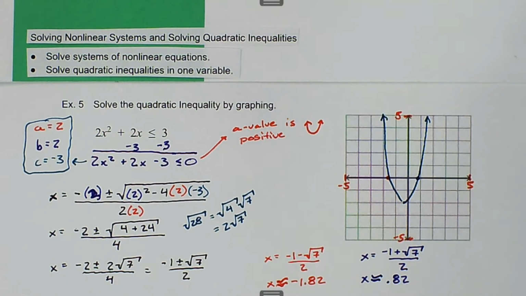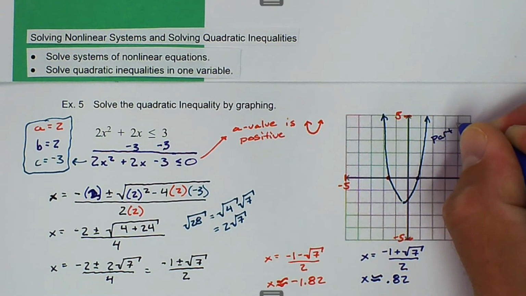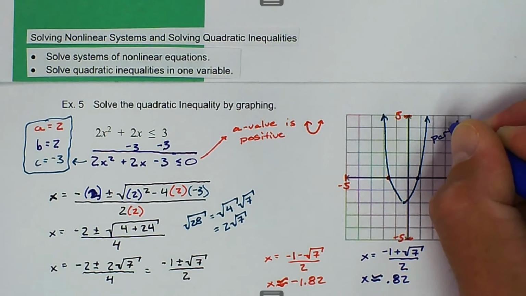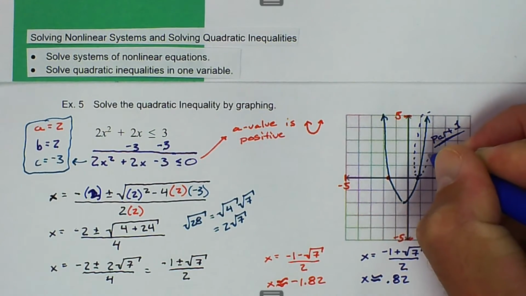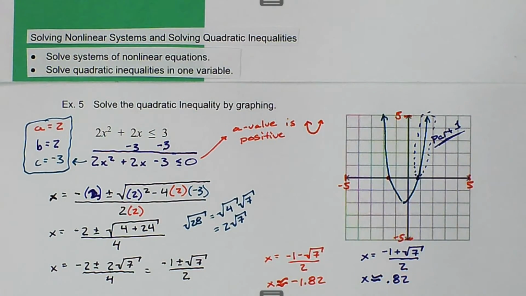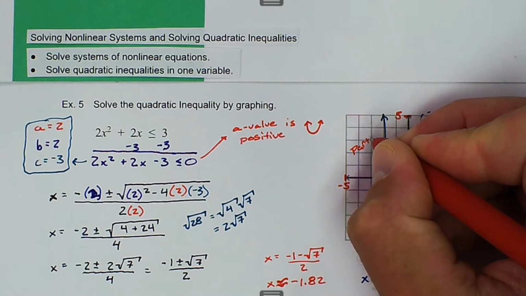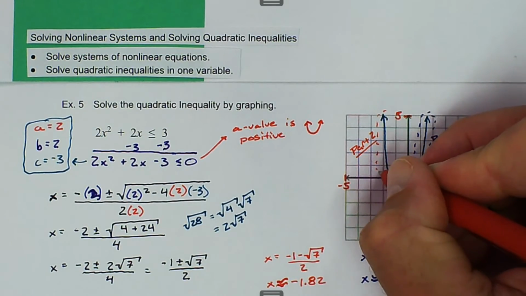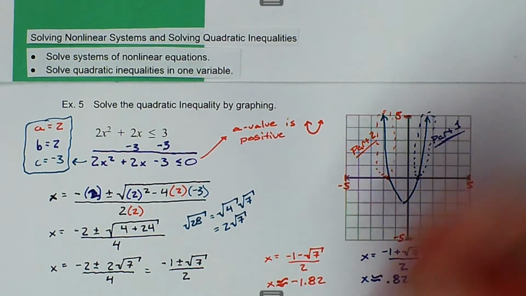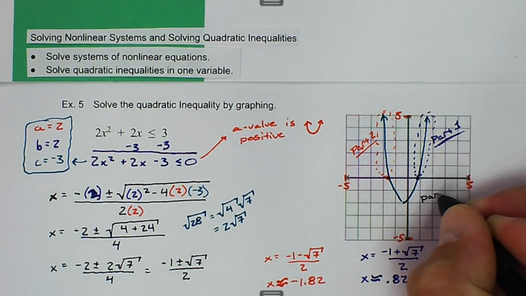Now there are 3 parts of the parabola. So we have part 1, and part 1 is this branch over here. We have part 2, and it doesn't have to be named in any specific order. Part 2 is this branch right here. And then part 3 is the part that includes the vertex.